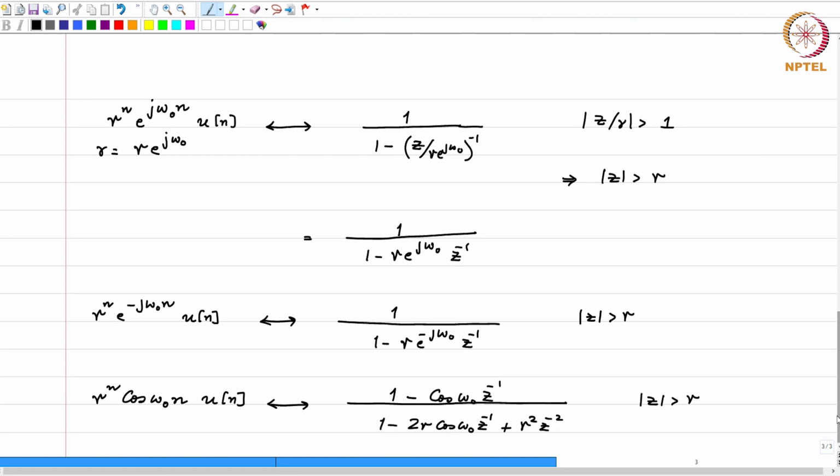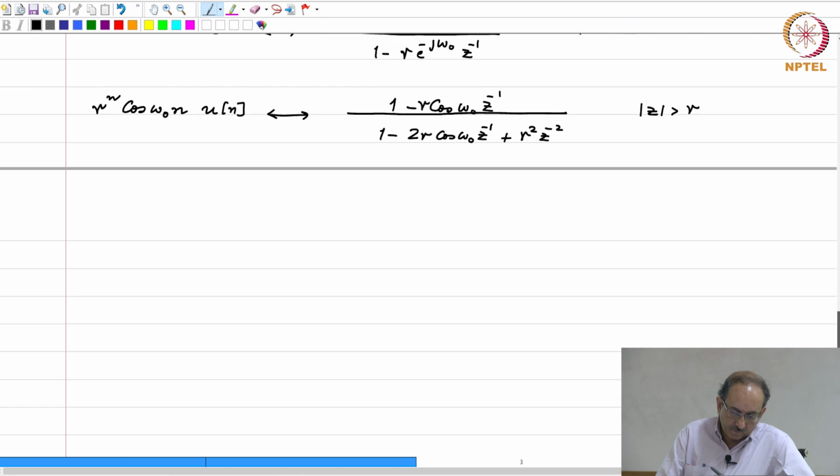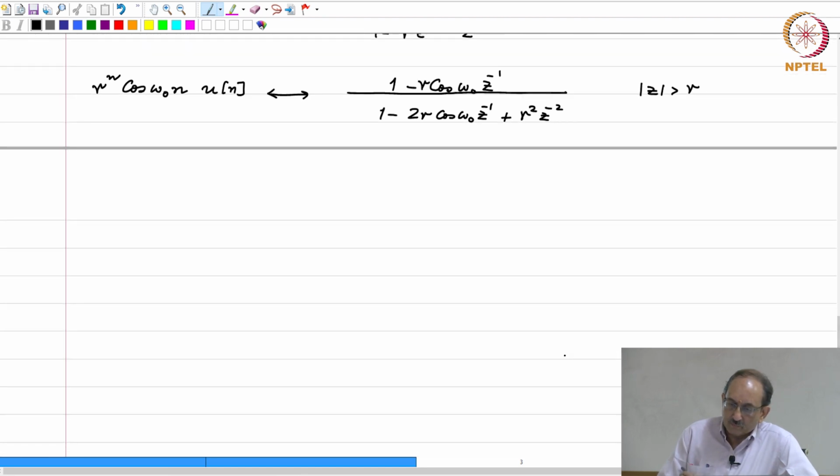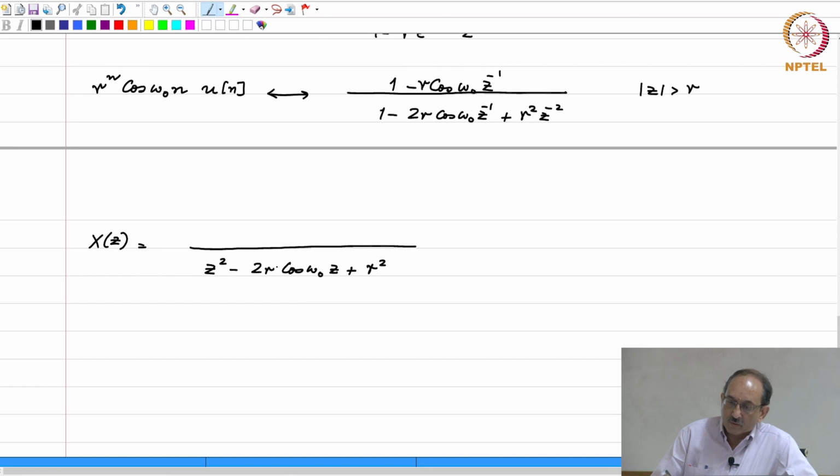So, properties help you to get transforms quickly. You can plot the pole-zero plot for this X(z), right. So, X(z) is z squared minus 2r cos omega naught z plus r squared, and this is z times z minus r cos omega naught.